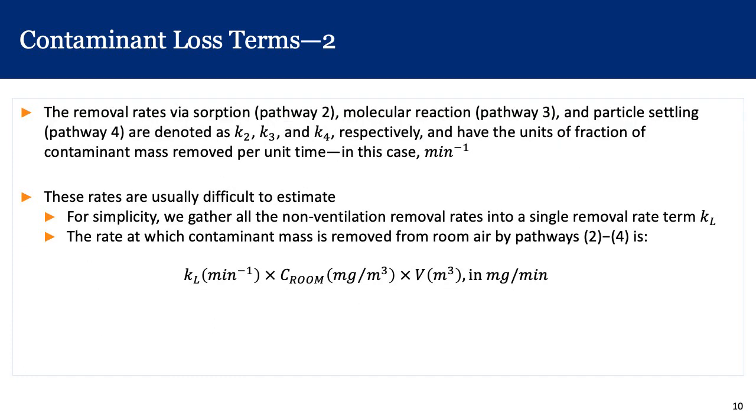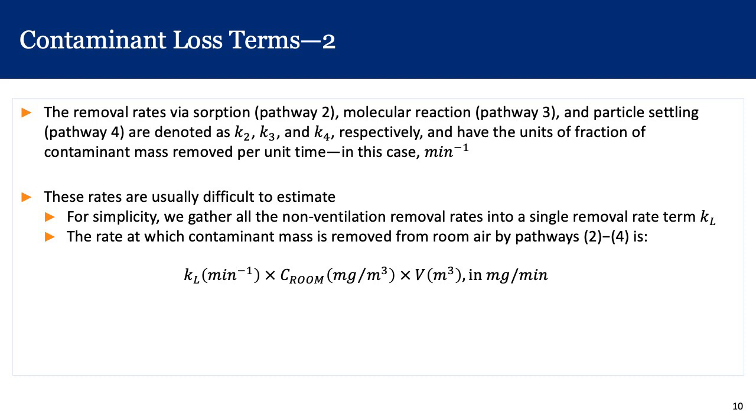So the removal rates via the processes of adsorption, molecular reaction, and particle settling are denoted by parameters such as k2 for adsorption, k3 for the molecular reactions, and k4 for particle settling, respectively, and have units of per minute.